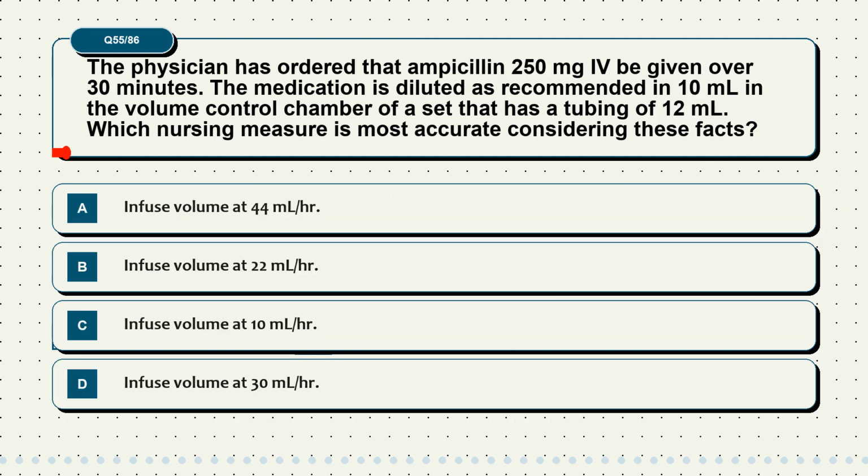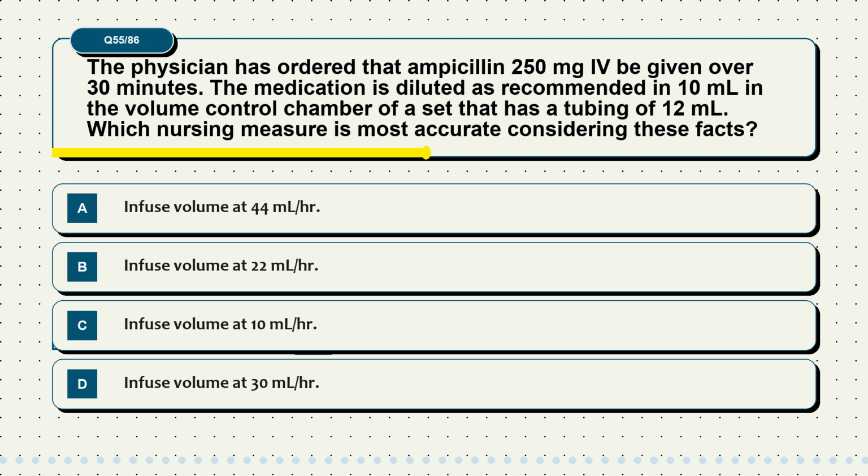Question 55. The physician has ordered that ampicillin 250 mg IV be given over 30 minutes. The medication is diluted as recommended in 10 ml in the volume control chamber of a set that has a tubing of 12 ml. Which nursing measure is most accurate considering these facts?